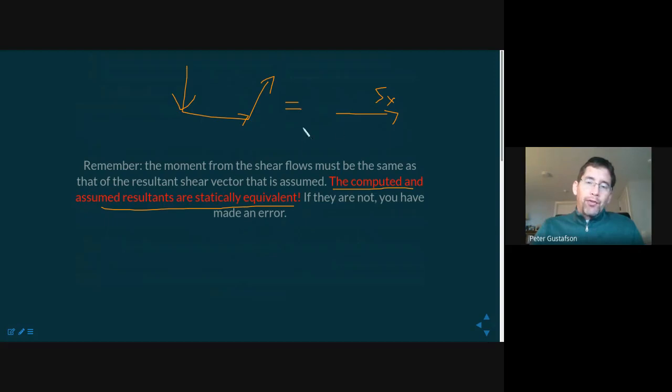And then I guess the last error that I see relatively frequently is, in this example, I'm going to sum my moments about this corner position that we called A, and here's my shear. Here F1 is the only one that remains, because this one and this one go through the shear center.